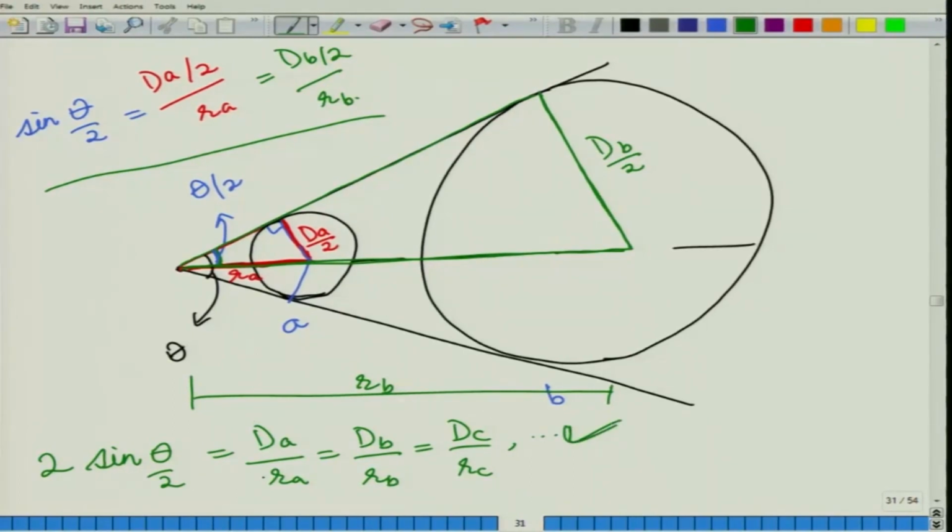Its diameter divided by the distance from the point of observation will be a constant given by twice of sin theta by 2. Now, we can fix this theta depending on our applications. Whenever we are doing this point sampling, we will fix theta, and by fixing this theta these ratios will be fixed automatically.